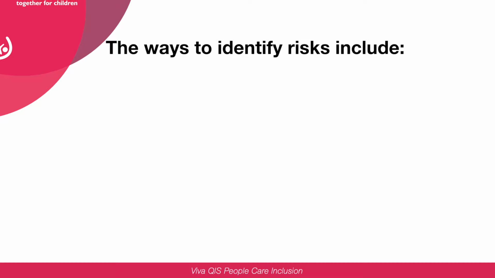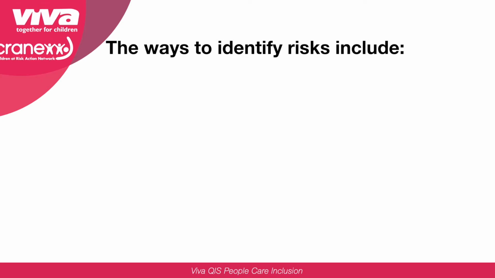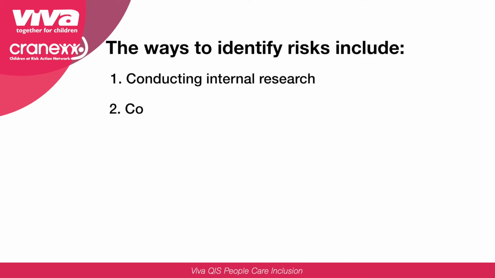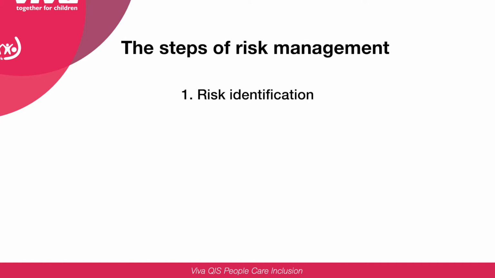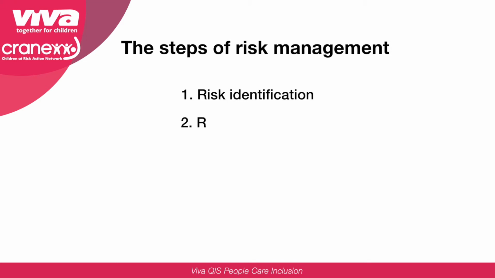For example, when there is construction going on, or there are open swimming pools. Ways to identify risks include, but are not limited to, conducting internal research, consulting experts, seeking employee feedback, and regularly analyzing customer complaints. The second step is risk analysis.